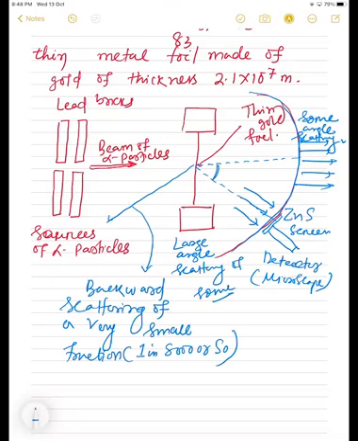So finally, what are the important observations out of this alpha particle scattering and Rutherford's model, right?